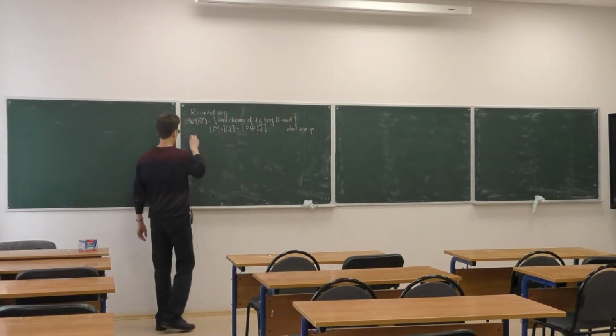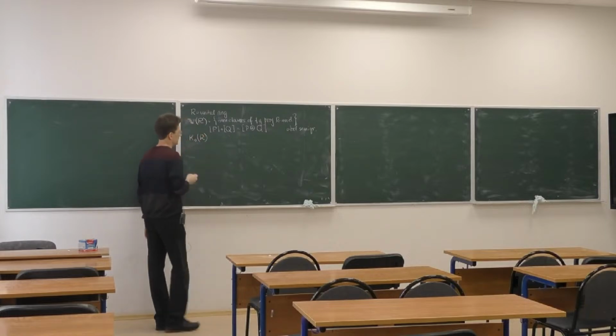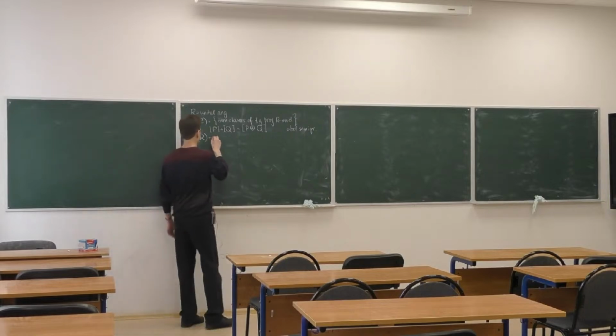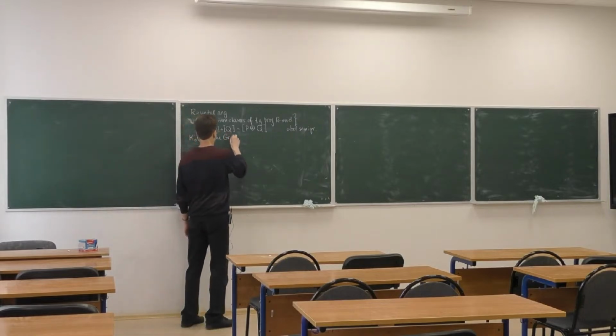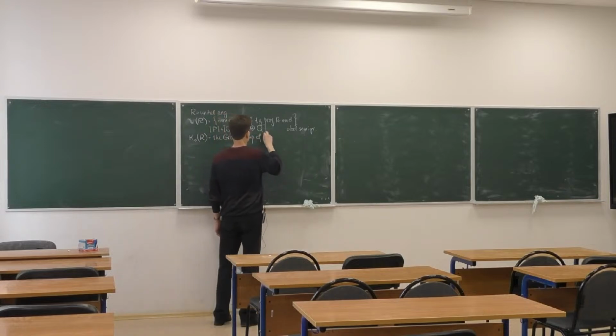And now we define the group K0 of R to be the Grothendieck group of the semigroup V of R.